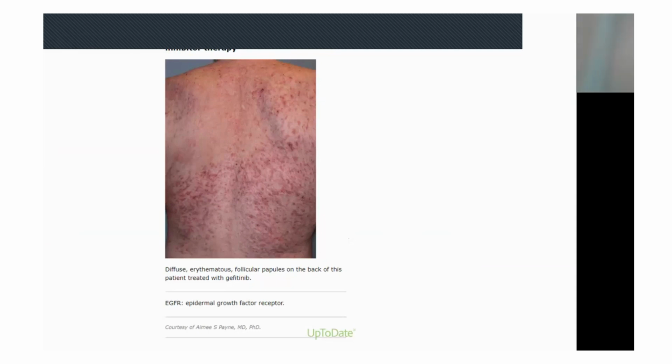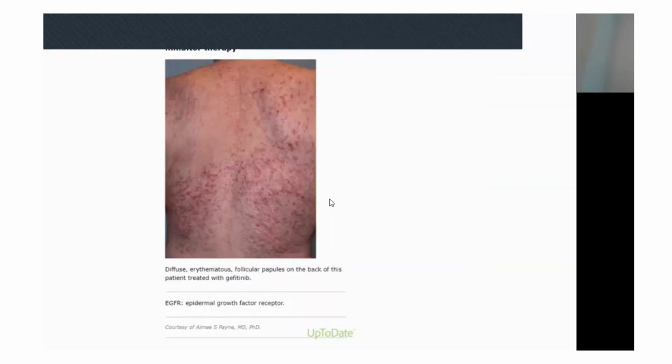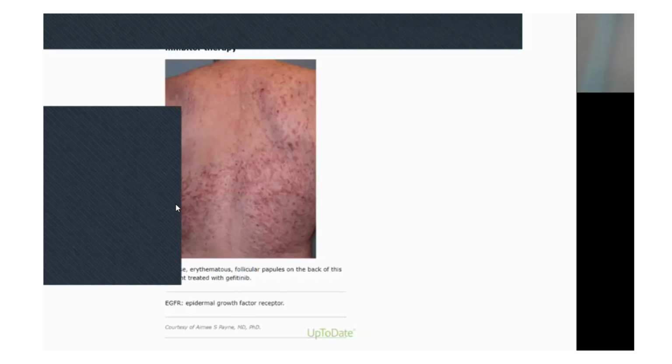And in terms of management, we have a very, very worked out and specific way that we do manage this. So we assess the degree of the involvement of the rash, how much of the body it involves. And then basically we can escalate the amount of intervention we provide based on the severity and the response to the treatment. We don't have to go over all of this specifically, but the point I would want you to take away from this is for any side effect of any drug, typically we will have a relatively worked out algorithm for how we would address those side effects, how we may be able to make them less so.